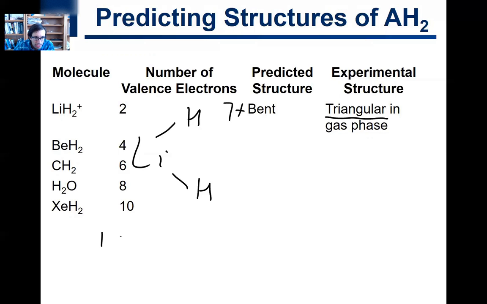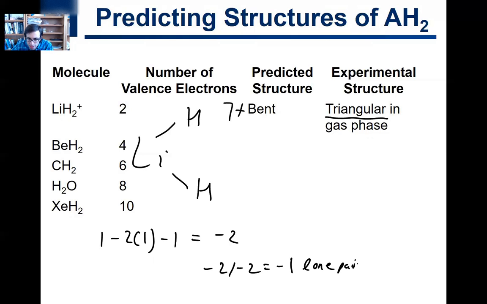And then we have two 1-electron ligands, so we get minus 2 times 1, since there are 2 of them. And then minus 1 for the charge. So that's going to be 1 minus 2 minus 1, which equals minus 2. Divide that by 2, and that gets me minus 1 lone pairs.